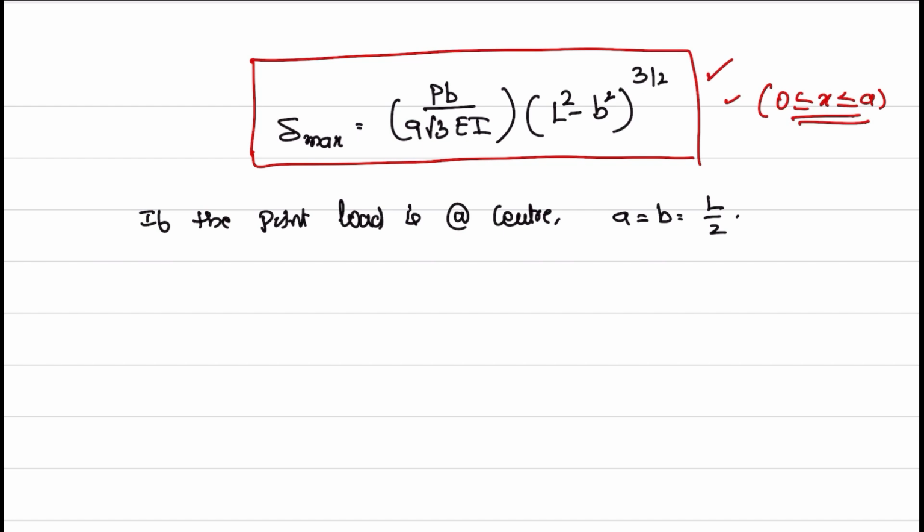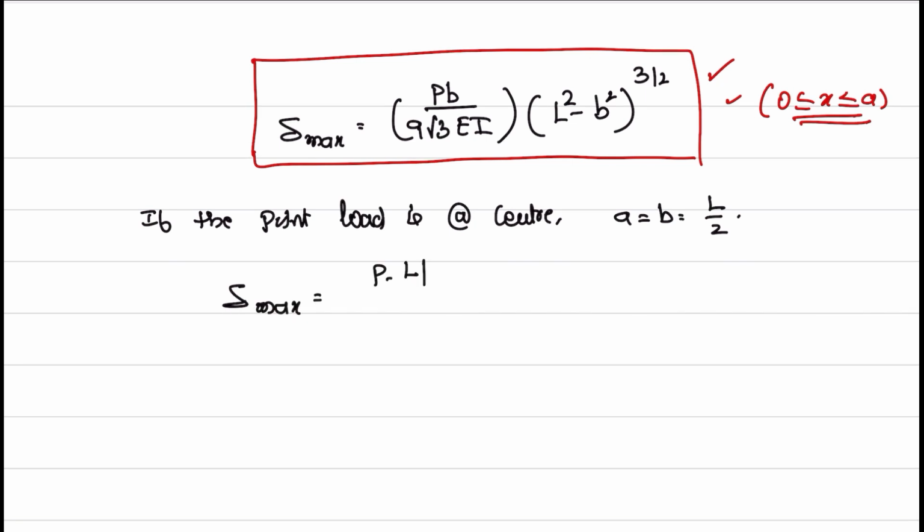When the point load is at center, delta max is equal to P into L, B is L by 2, 9 root 3 EI into L square is L square only, minus B is L by 2, whole square to the power of 3 by 2.